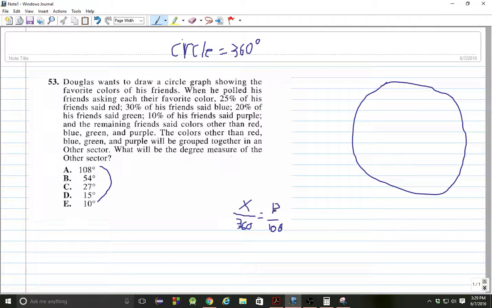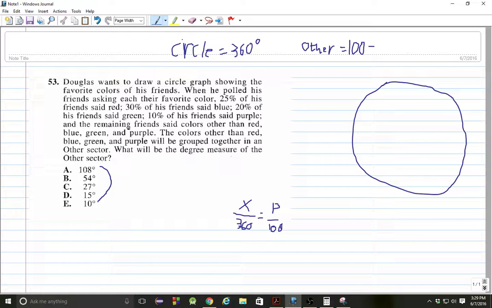In this case, the other sector is 100 minus everything else. So the percentage of other equals 100 minus 25 minus 30 minus 20 minus 10.